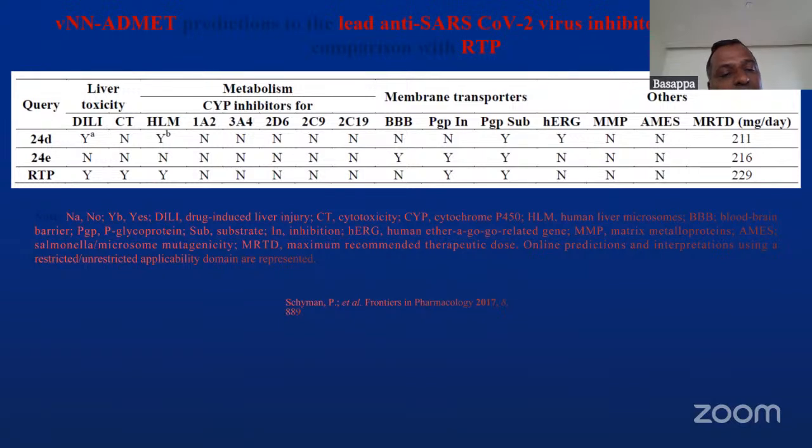So BBB: you can see the remdesivir triphosphate cannot cross, but 24E could cross the blood-brain barrier. So this is a unique property some of the compounds are showing. These minute or new pieces of information will be helpful to develop a drug.